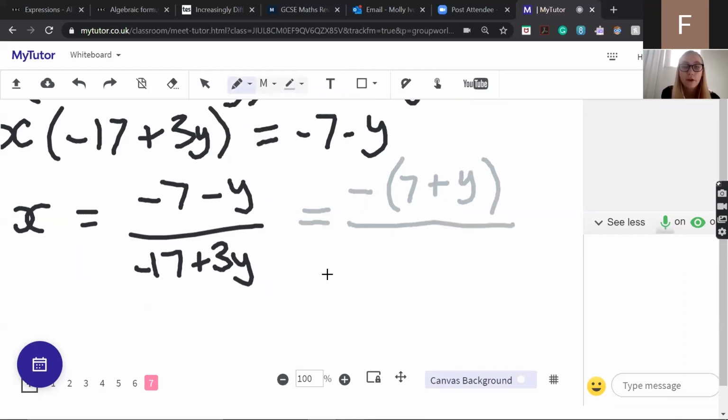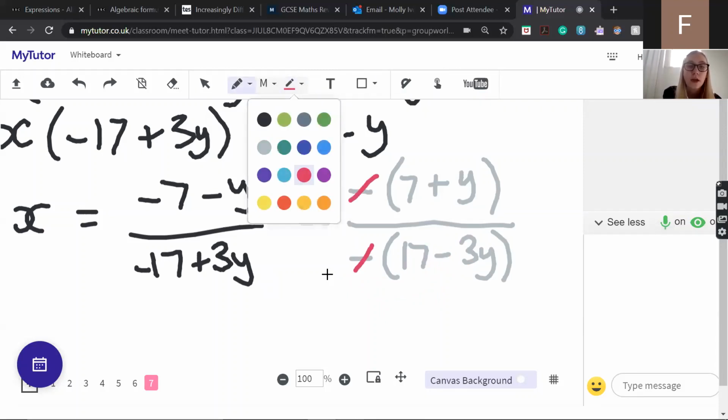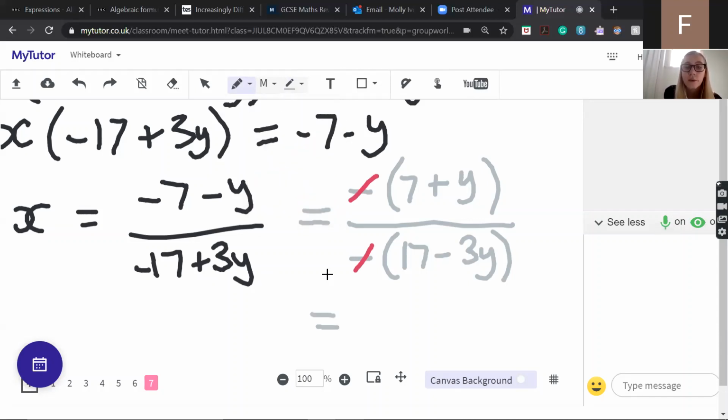And pop that over this with the negative taken out. So that's 17 minus 3y, because we've got minus 17 and a plus 3y. So then if we remember, these bits cancel out, and wahey, we get 7 plus y over 17 minus 3y, which looks a lot nicer.